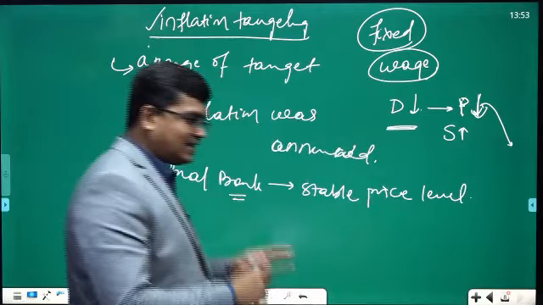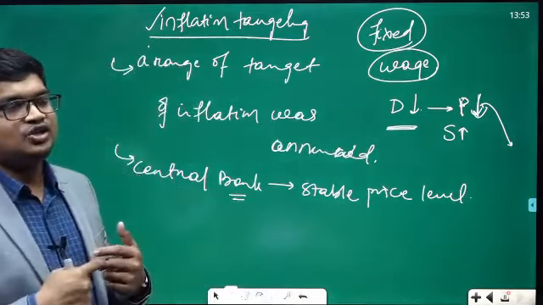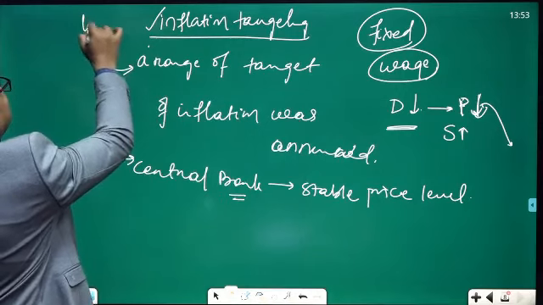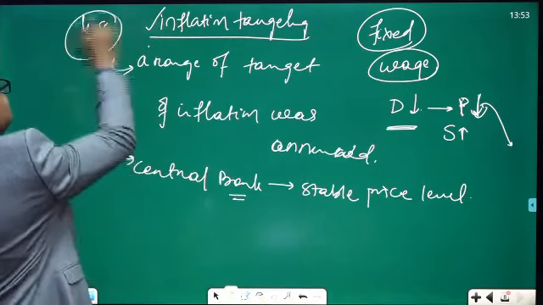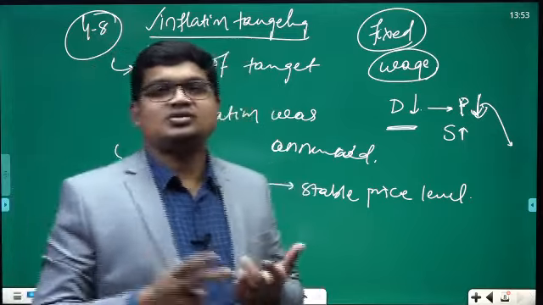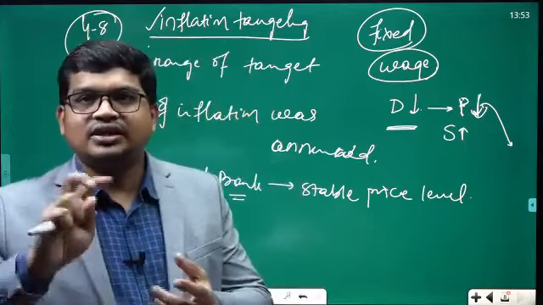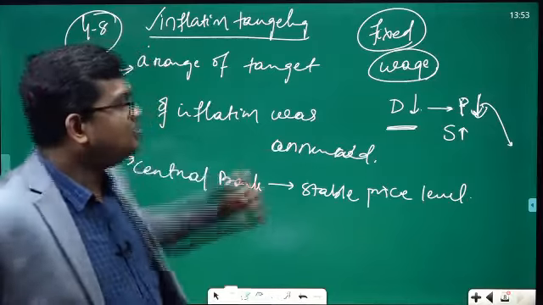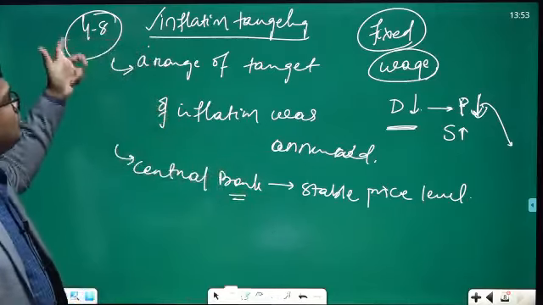Let's say you have fixed that inflation must be around 4 to 8%. This is the range. Why are you fixing that particular range? Because you will not allow the price level to vary beyond this 8% or below this 4%.